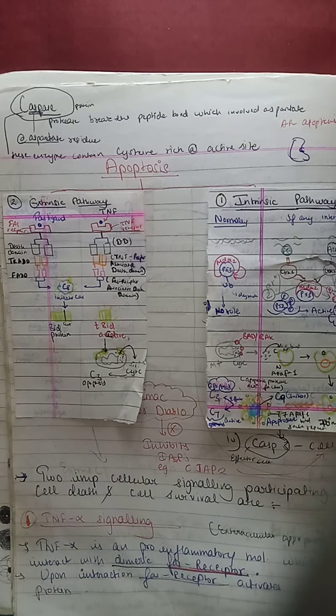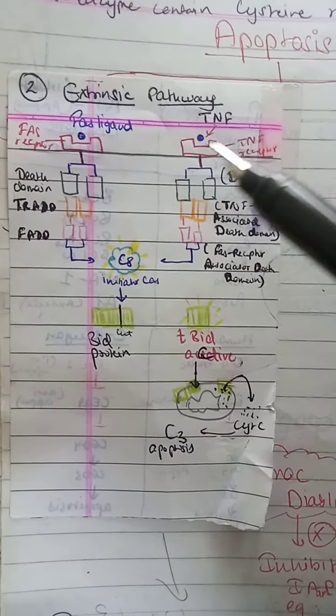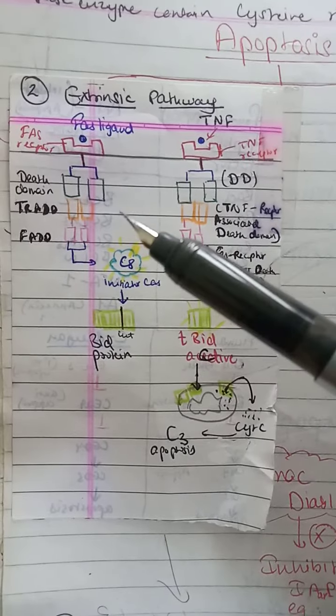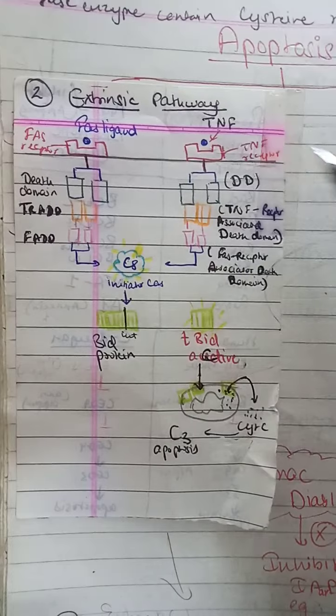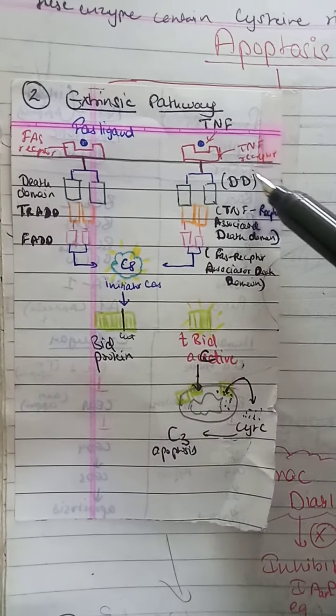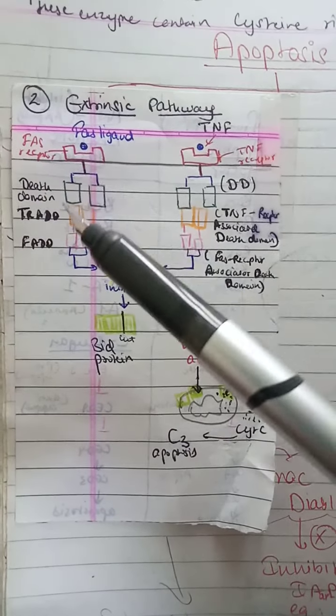We are going to see this in more detail by the pathway. First, the extrinsic pathway. In the extrinsic pathway, if there is any extrinsic factor, then in the plasma membrane there is the presence of a FAS receptor or TNF receptor. What is the FAS receptor?